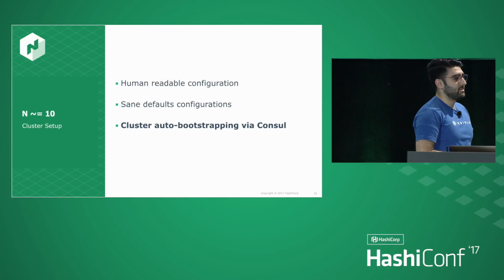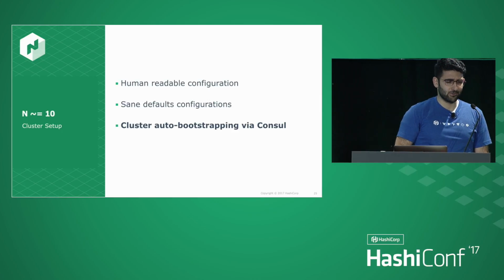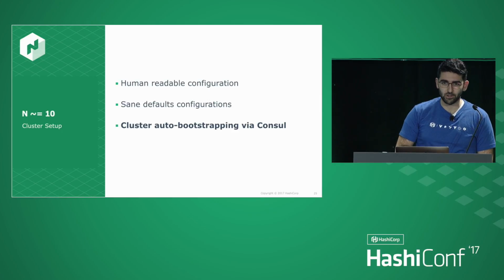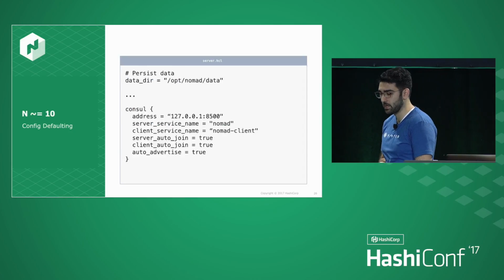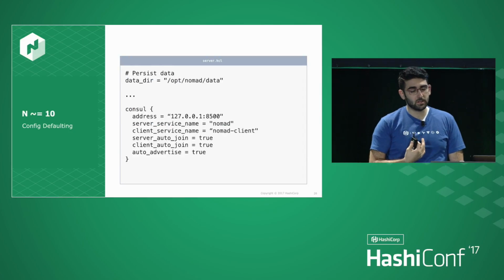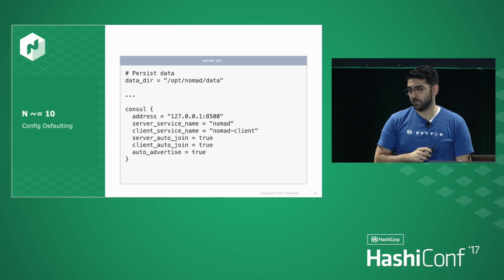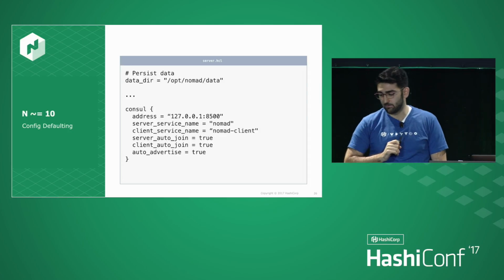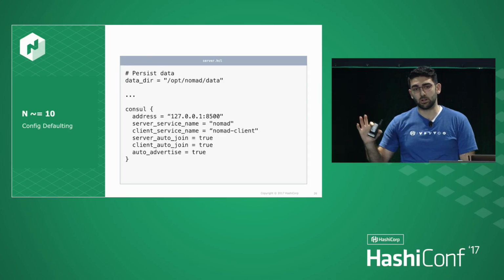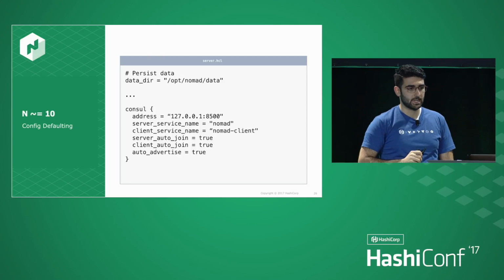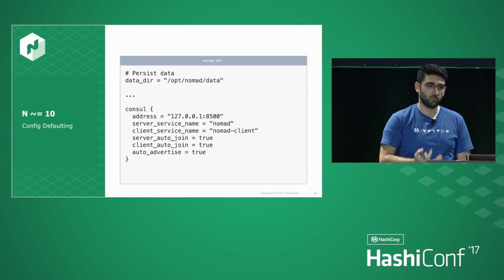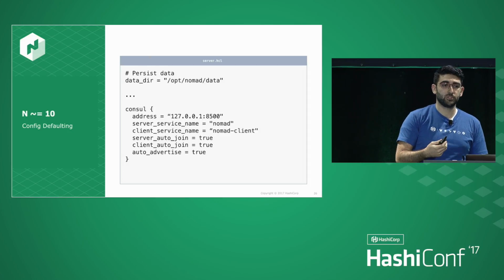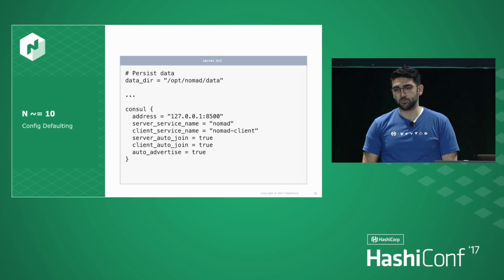But we still didn't show the servers connecting to each other. So how do they discover each other? Well, we do auto bootstrapping via Consul. So if you run this config, another thing we'll add is this consul block. By default, Nomad will look for a Consul agent running alongside of it. And what we'll do is when Nomad comes up in server and client, it'll register itself as a service with Consul.